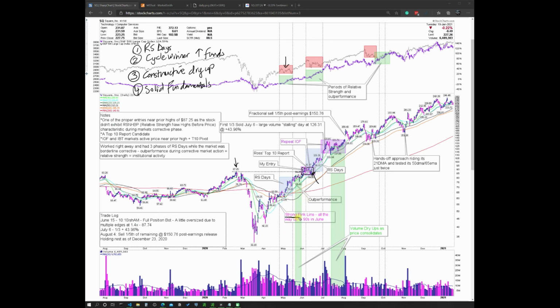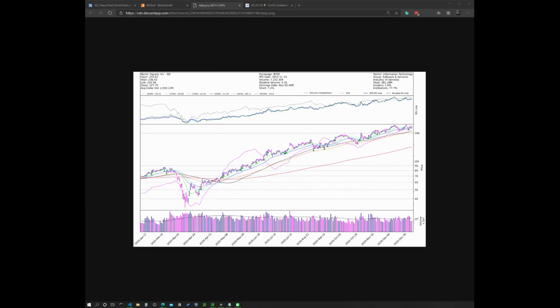So at this particular point, another thing that I want to cover is, if you are an all access member, this note is really for you, where it says strong pink line. So if I flip back to these, these are our custom daily charts. If you've not read the Pink Line Market Basics blog, after this is probably a good time. So basically, this is our correction, just to give some time frame. And we start seeing a rise in the pink line, which is a volume interpretation tool, as price starts seeing rational action here.